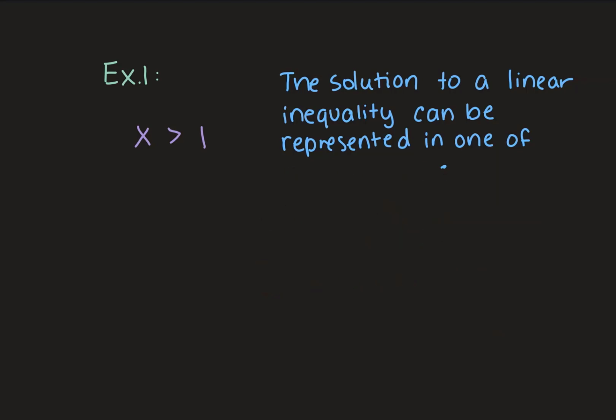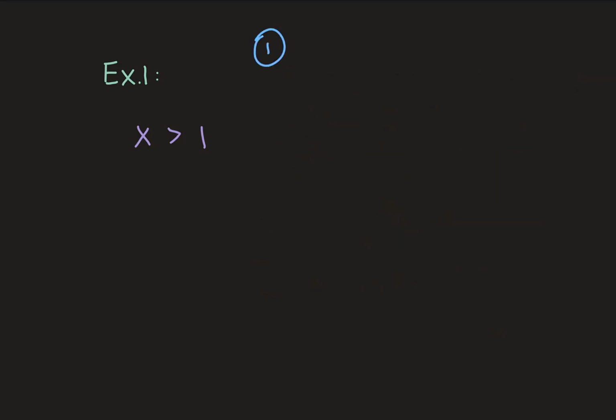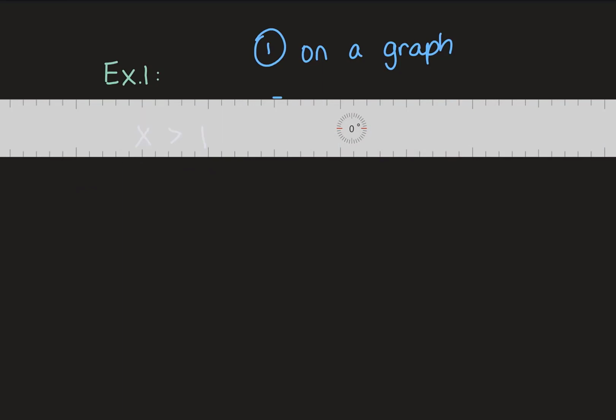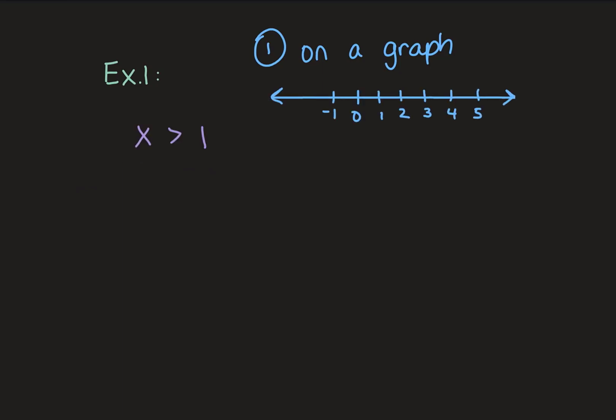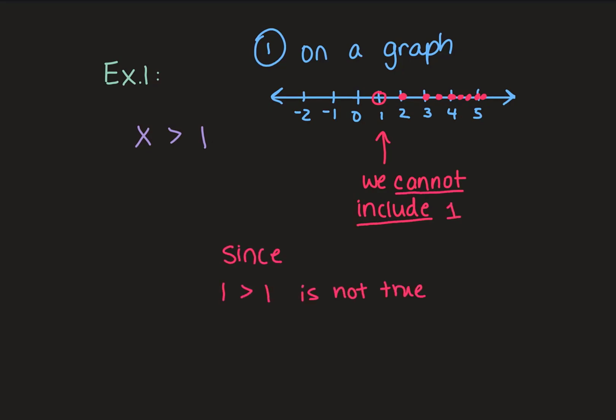Okay, so let's start with representing our solution on a graph. We draw out a number line and then plot solutions for x that make the inequality true. These points will all work as a solution for x. Even 1.000001. However, we cannot include 1 since 1 greater than 1 is not true.